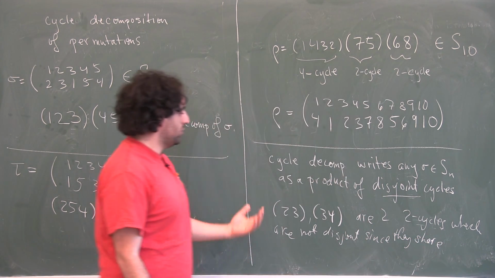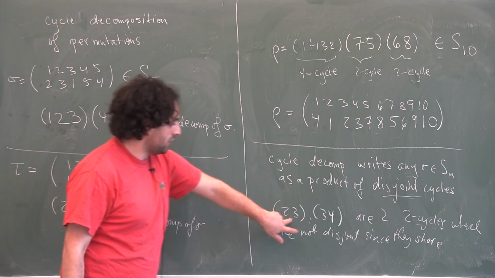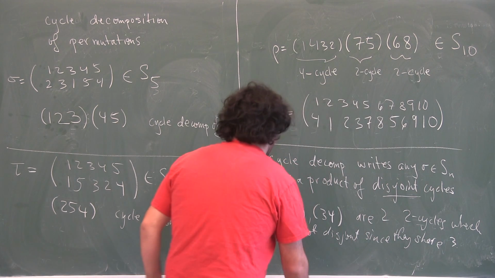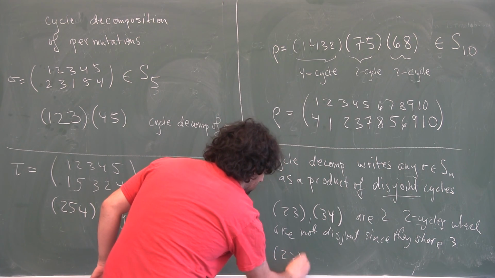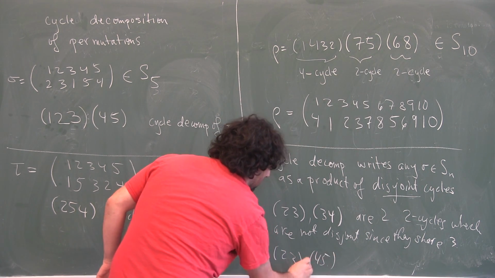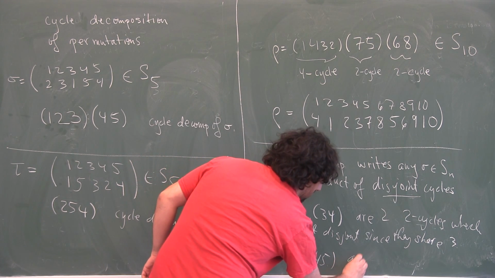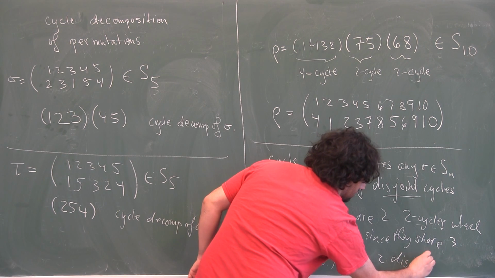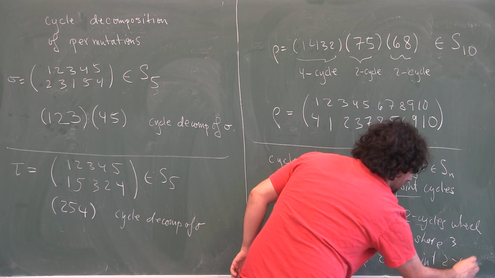Being disjoint means not sharing any numbers, while these two share the number 3. They share 3. On the other hand, if I take (2 3) and (4 5), these are two disjoint 2 cycles.